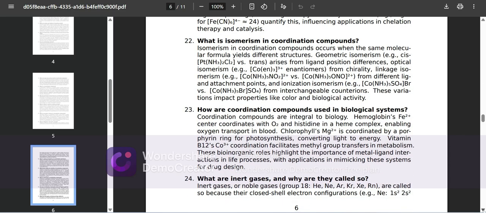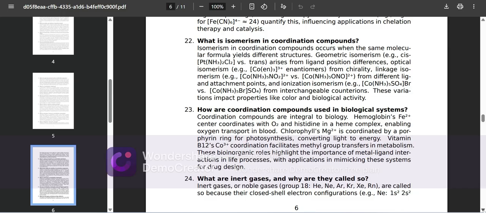What is isomerism in coordination compounds? Isomerism in coordination compounds occurs when the same molecular formula yields different structures or geometries. Geometric isomerism, for example cis versus trans Pt(NH3)2Cl2, arises from ligand position differences. Optical isomerism, Co(en)3 3+, gives enantiomers from chirality.